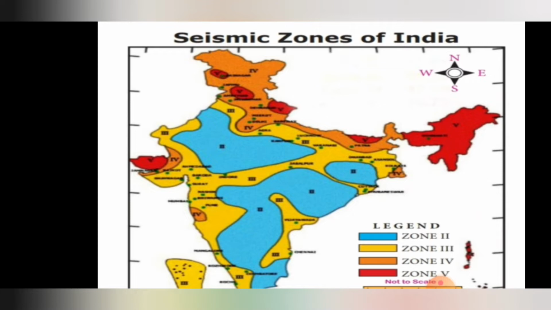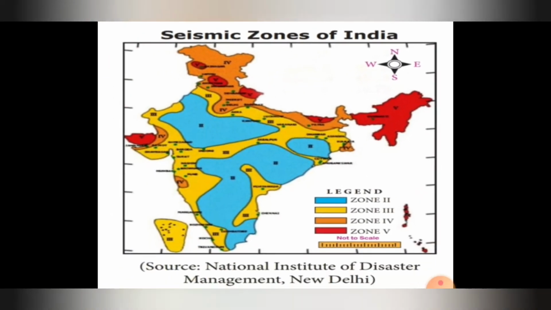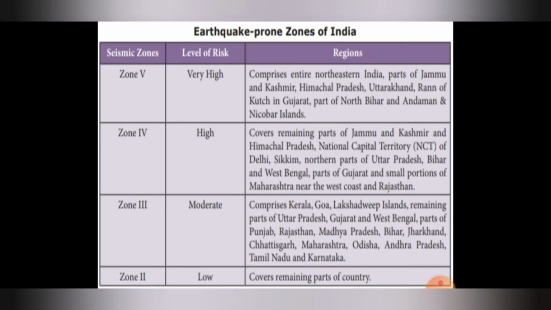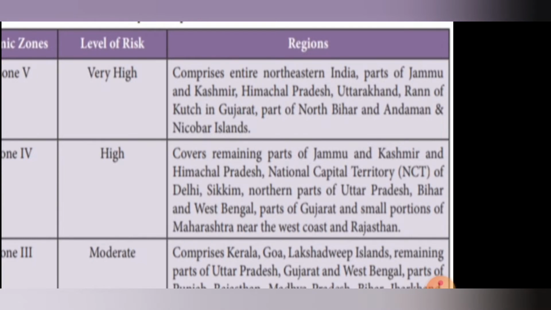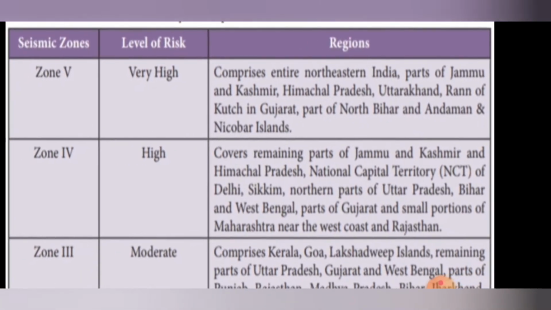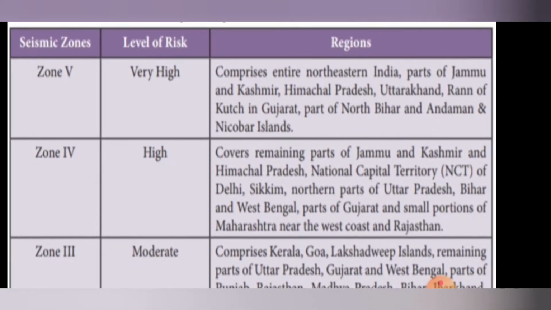Which places? It comprises entire northeastern India, parts of Jammu and Kashmir, Himachal Pradesh, Uttarakhand, Rann of Kutch in Gujarat, part of North Bihar and Andaman and Nicobar Islands. So these are the regions with very high risk of earthquake, and this region is categorized in zone 5 in the seismic zones.